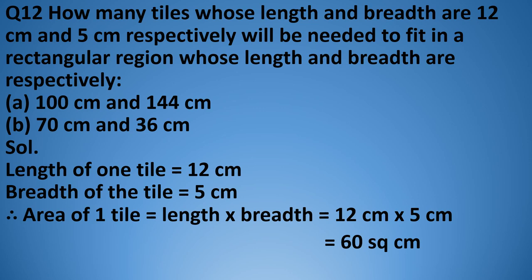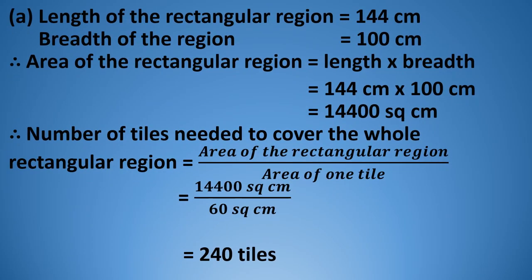Now we will find out the area of the rectangular region whose length is 144 centimeter and breadth is 100 centimeter. So it is 144 centimeter multiplied by 100 centimeter, which is equal to 14,400 square centimeter. Okay, now you have to find out the number of tiles required.